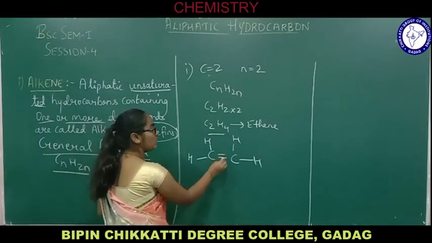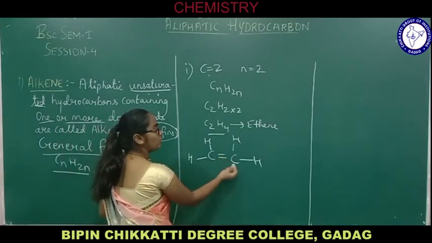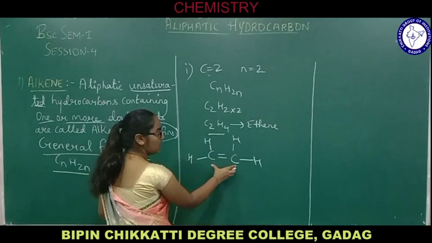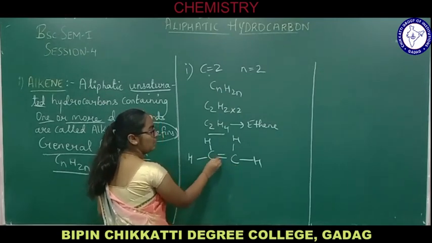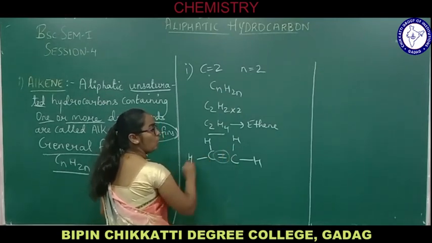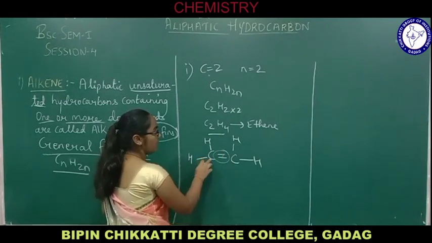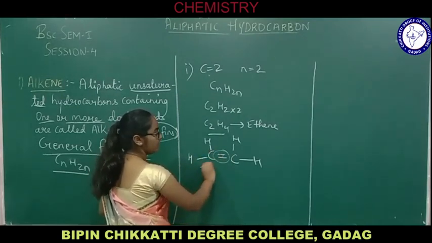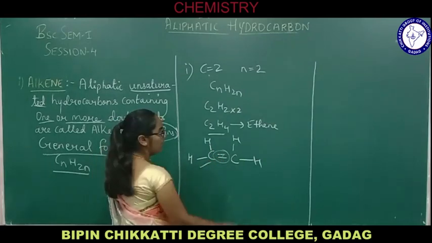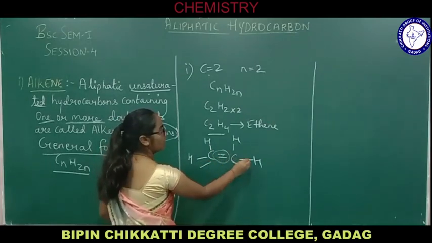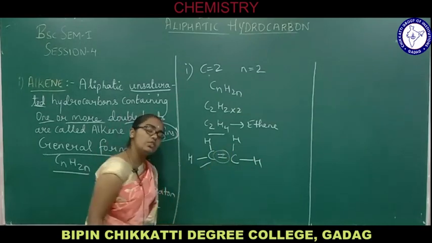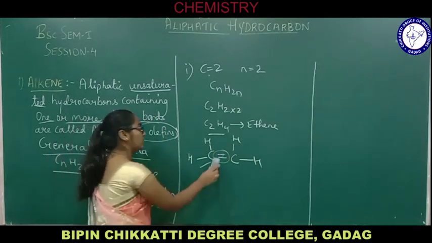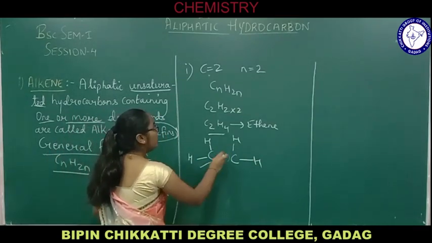So the double bond is utilized to bind the 2 carbon atoms, right? Each carbon shares these 2 bonds. So for this carbon, let's count the number of bonds: 1, 2, 3, 4. This is balanced. Now carbon number 2: 1, 2, 3, 4, right? So this becomes the structure for ethene.